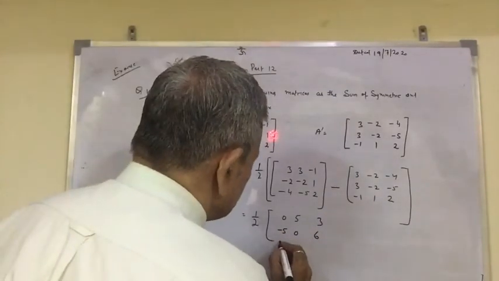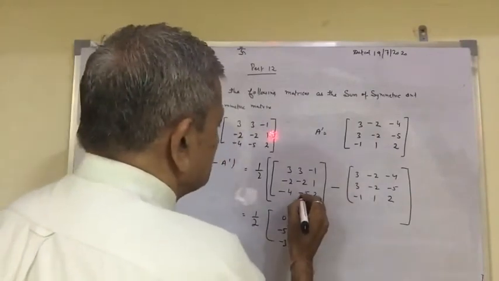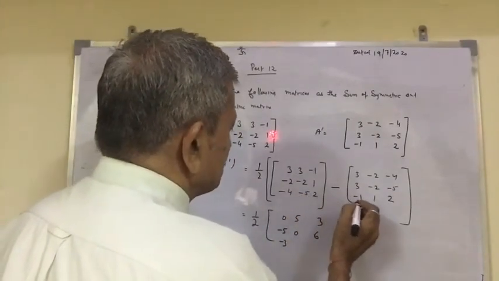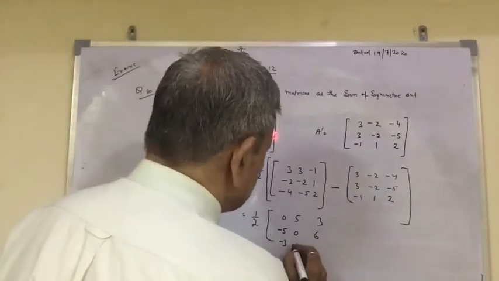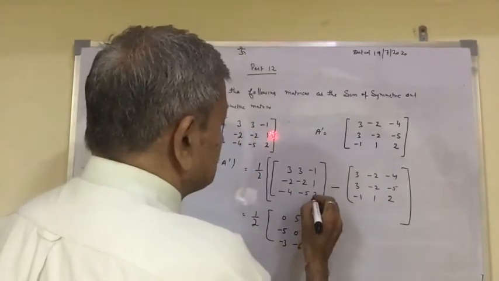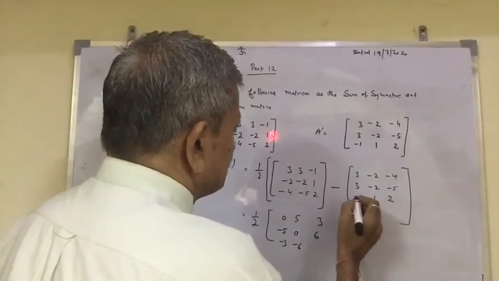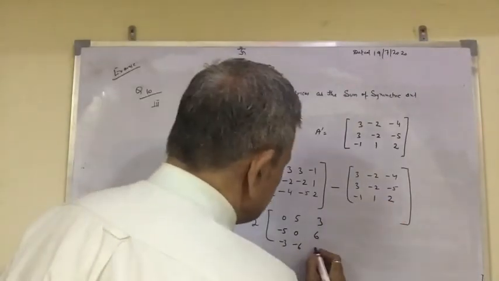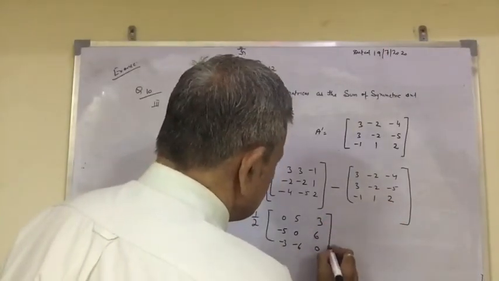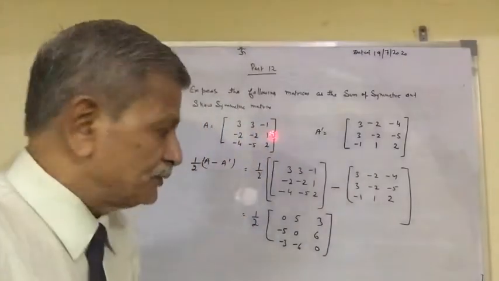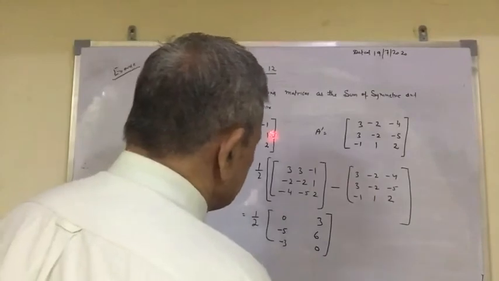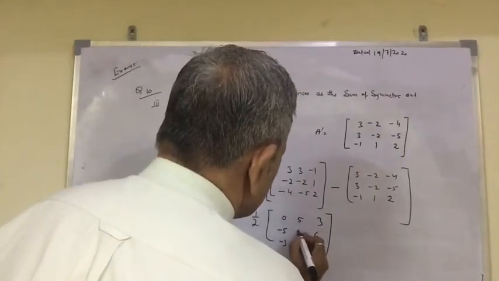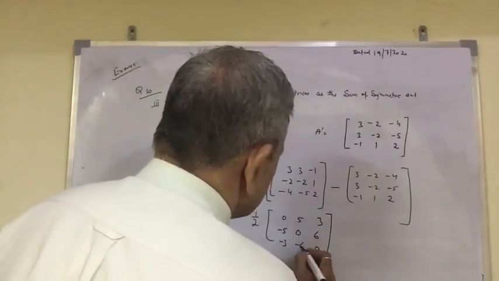So, basically minus 3 is there, minus 5 minus and this minus sign gives you minus 6, and 2 and minus 2 gives you 0. So, this is your matrix which you can get after this: 5, 0, minus 6, 5, 0, minus 6.